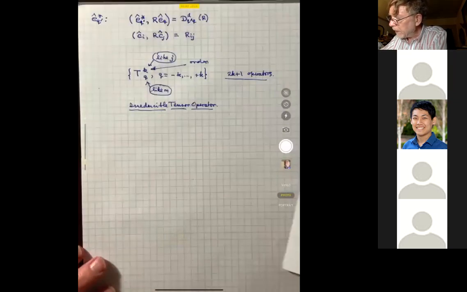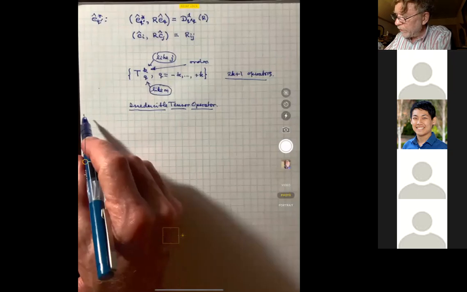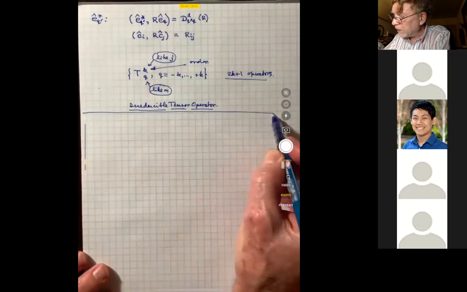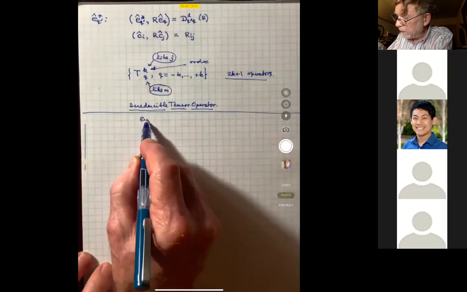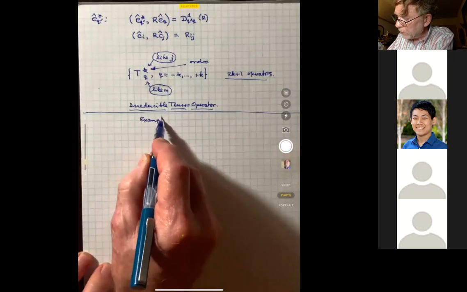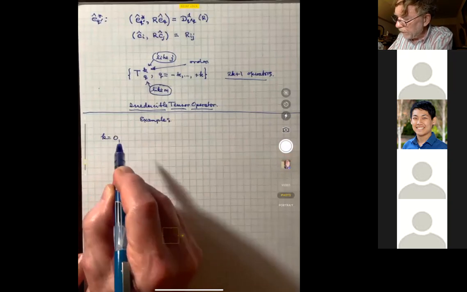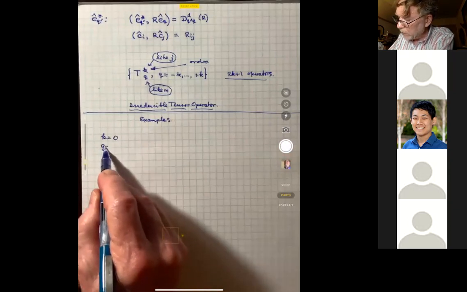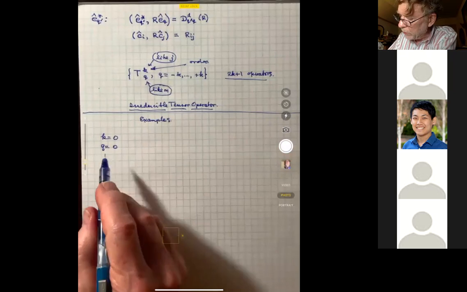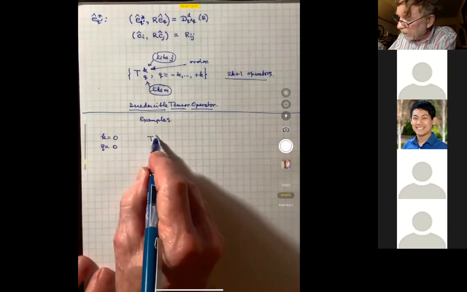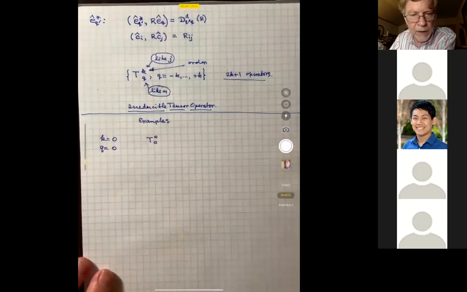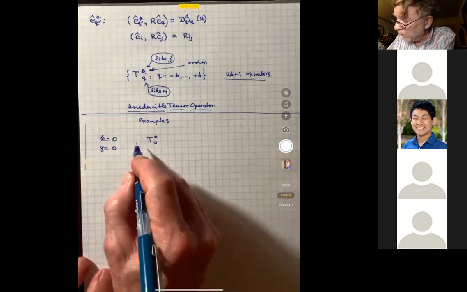Now, that's the definition, and maybe a little bit of motivation for an irreducible tensor operator. Now let's get some examples of them. The simplest example is an irreducible tensor operator of order 0, K equals 0. If K is equal to 0, then the corresponding magnetic quantum number, which we call Q, is also equal to 0. So in this case, the irreducible tensor operator has only one component, T_0,0.